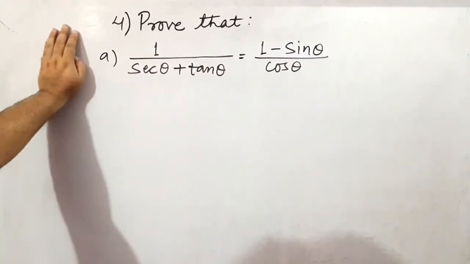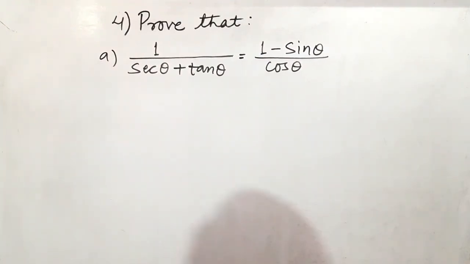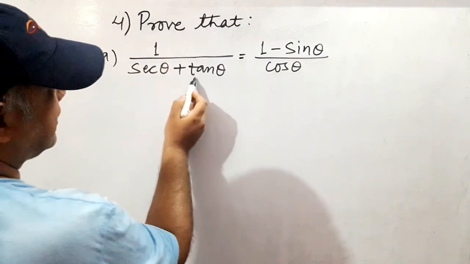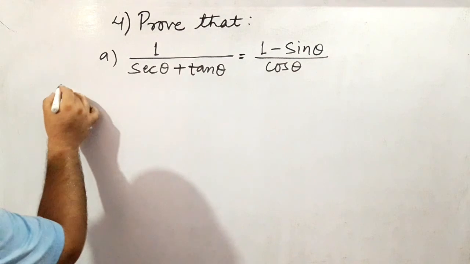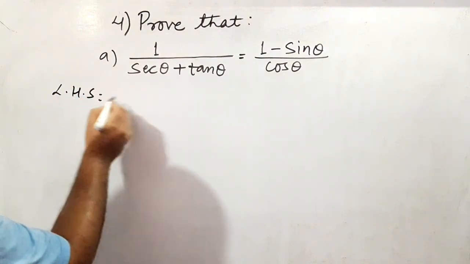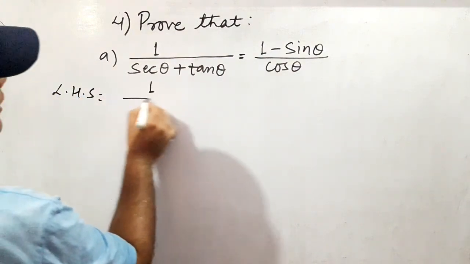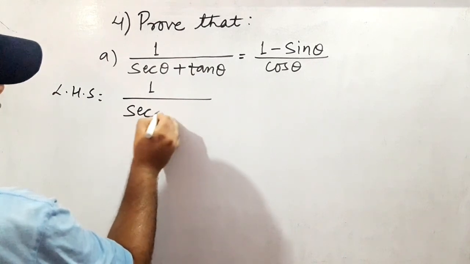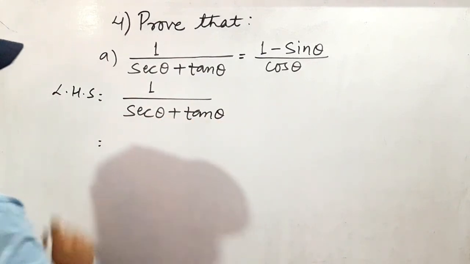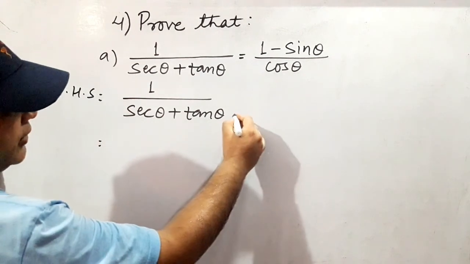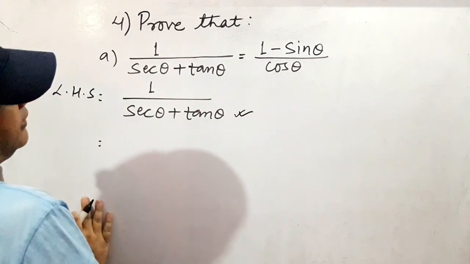Now let's come to question number 4. We have here 1 by sec theta plus tan theta equals 1 minus sin theta by cos theta. So taking left hand side, we have 1 by sec theta plus tan theta. Let's say in the denominator we have sec theta plus tan theta.